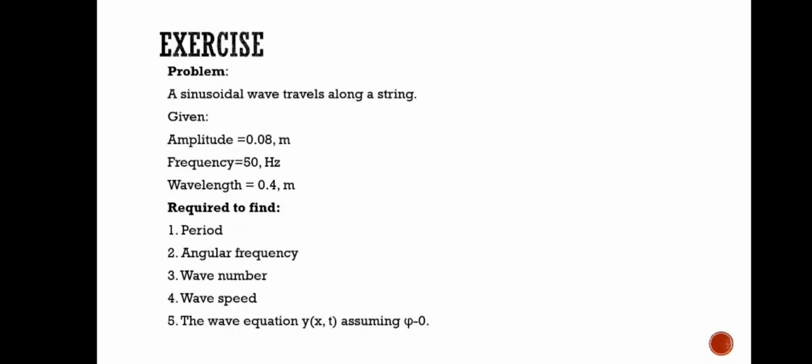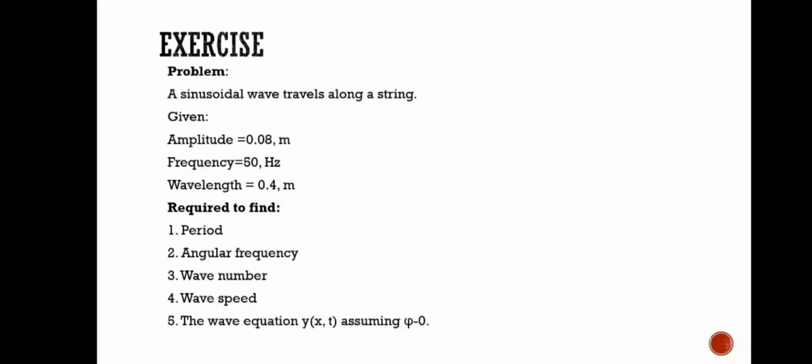There's a problem that says a sinusoidal wave travels along a string, and there are three givens, which are the amplitude, frequency, and the wavelength. The value of the amplitude is 0.08 meter, while the frequency is 50 Hz. The wavelength is 0.4 meter.